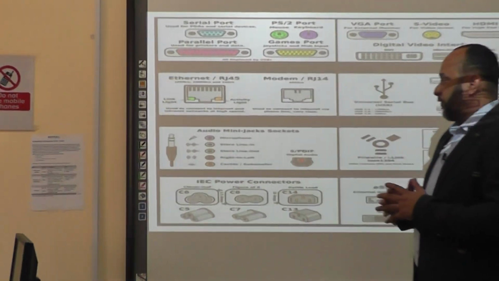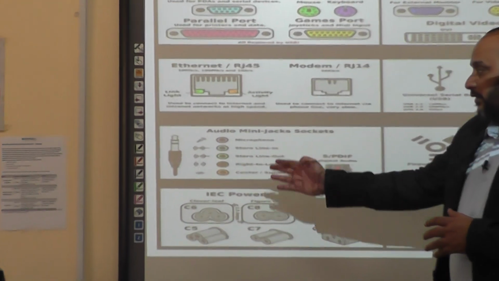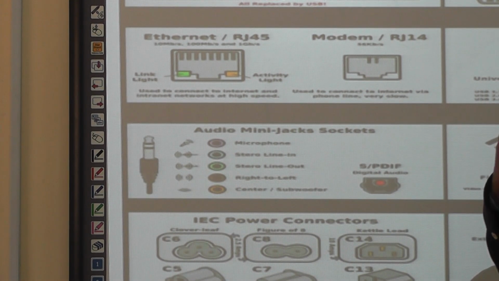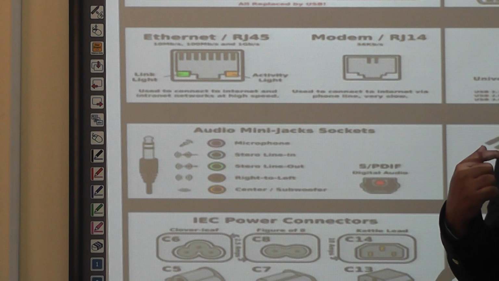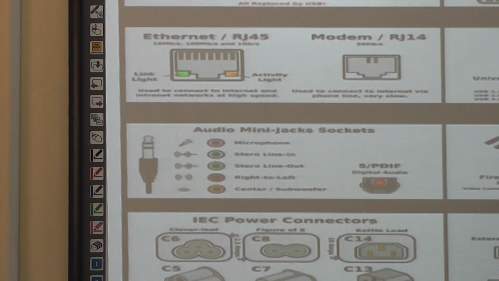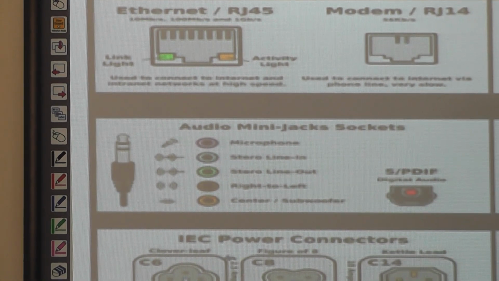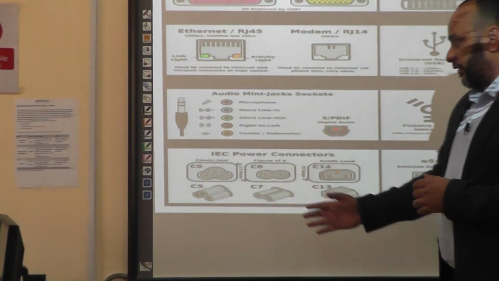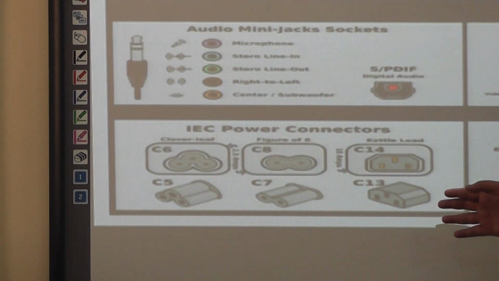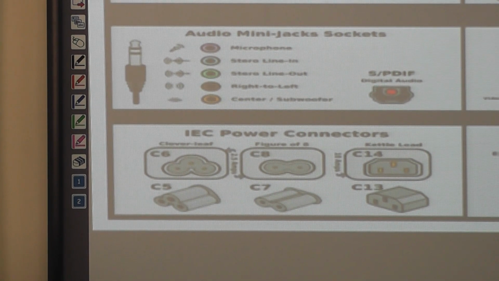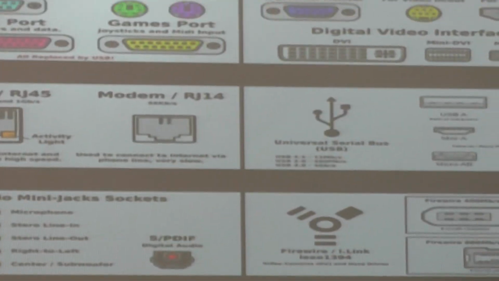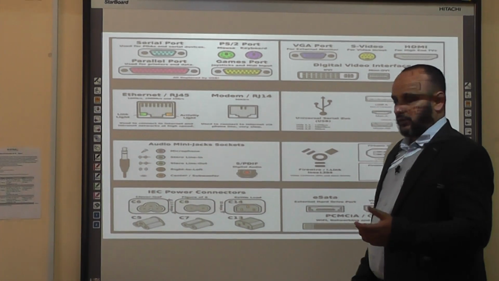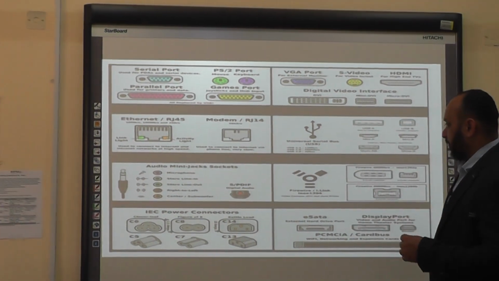Then audio mini jack sockets, which you can see in laptops also, even if you want to use a hands-free headphone, we use this port. Then power connectors, different types, C5, C7 and C13, for your power adapter, for a laptop, and for a desktop for direct connection.